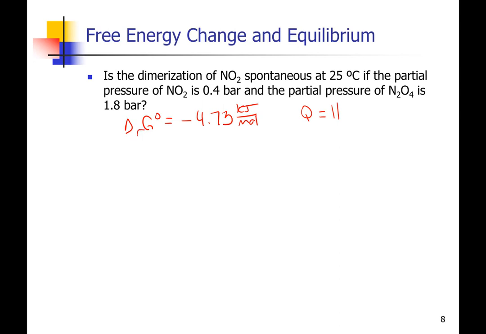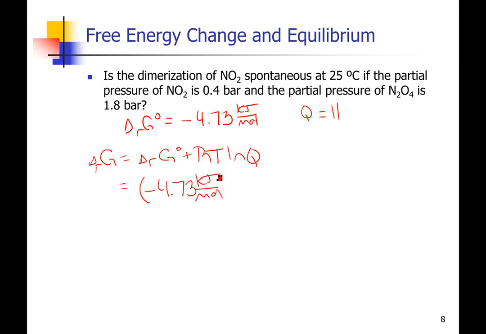So I can take those values and I can combine them to calculate a free energy change for the reaction under these conditions. So delta G is equal to delta G naught plus RT ln Q. And I plug in my negative 4.73 kilojoules per mole here.